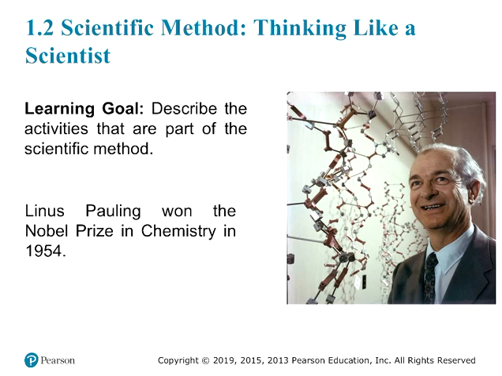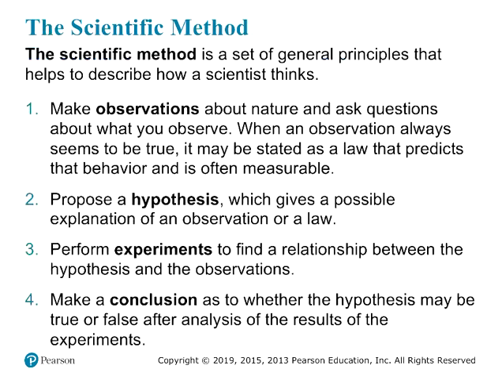And the way that he came up with his hypothesis or his analysis was by using the scientific method. So let's step through the scientific method. So this is a set of general principles that helps to describe how a scientist thinks.